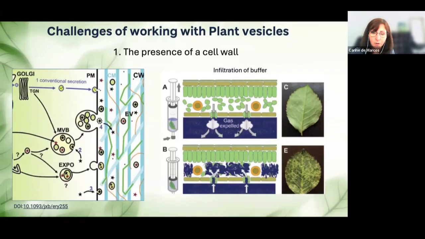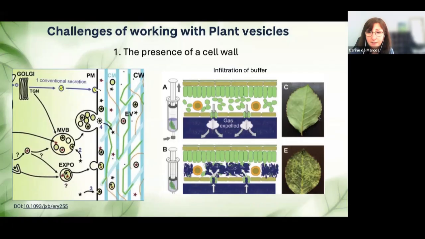And then when you reimpose the vacuum, you can have the liquid going and filling the extracellular space in these leaves. And this allows the EVs to then be collected by centrifugations, so of the leaves that have been infiltrated.